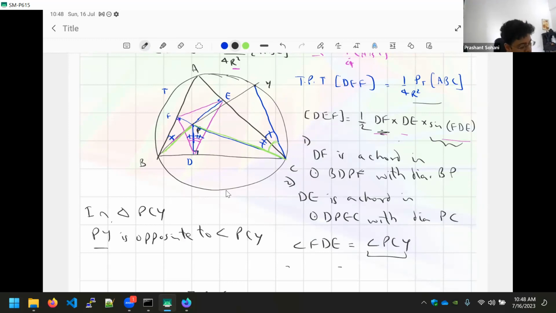And why do we care about segment PY? So we can express the power of P. Correct, because finally we want to go to the power of the point. We already know that the power of P is BP into PY. So that segment PY, if it enters our consideration, will be very useful.